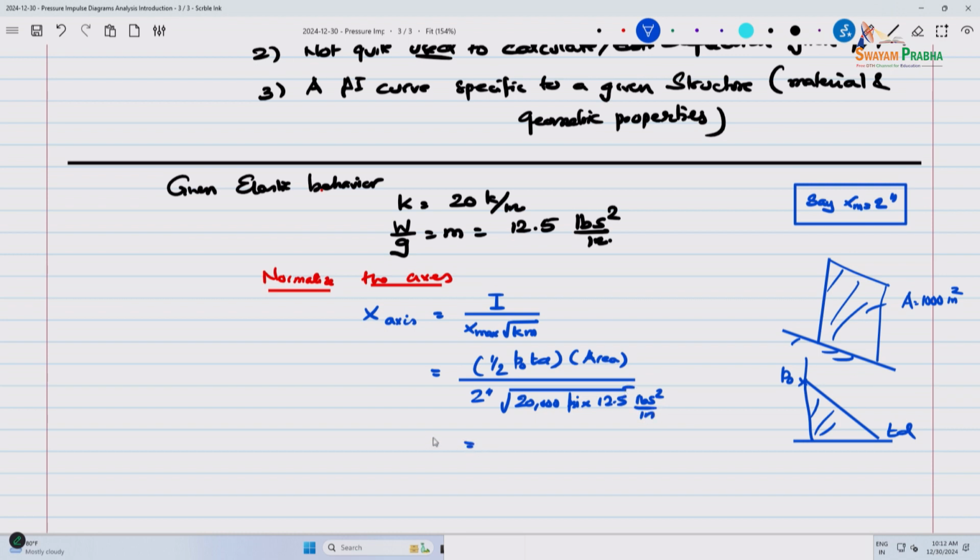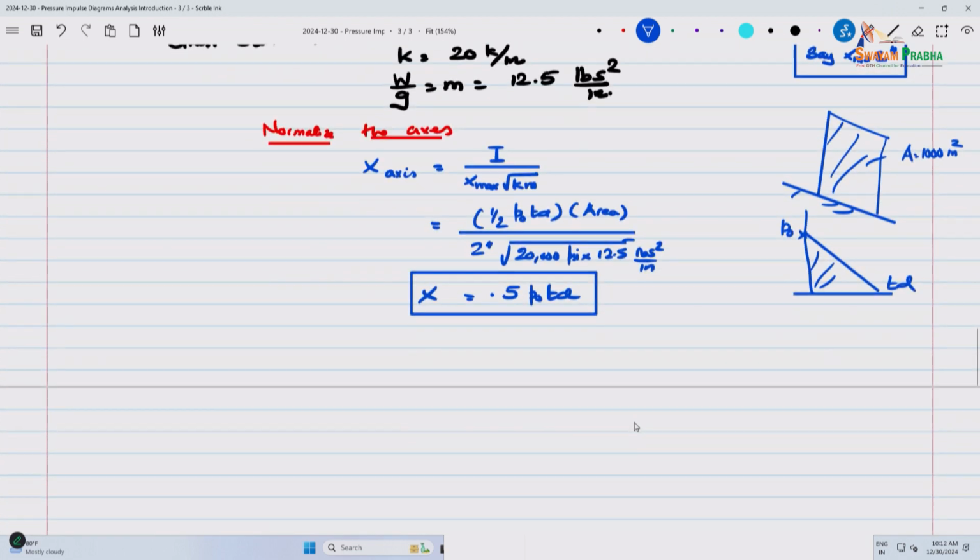So x is 0.5 P naught TD. The y-axis is typically normalized to the static deflection, which is 2 P naught divided by x max. So this is 2 times.